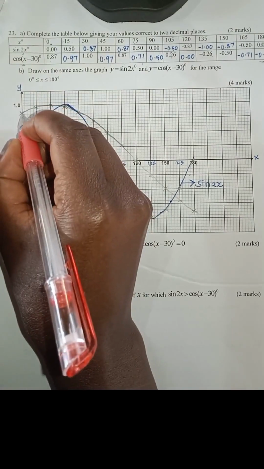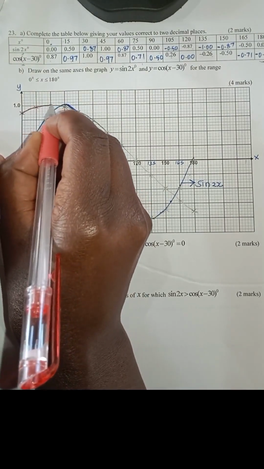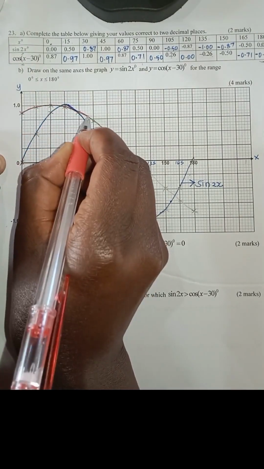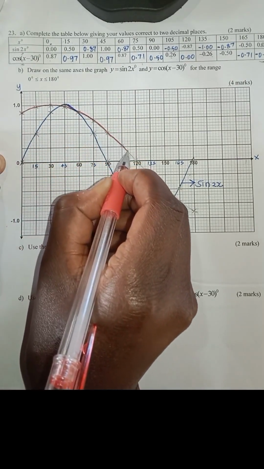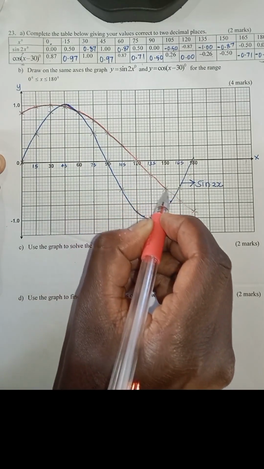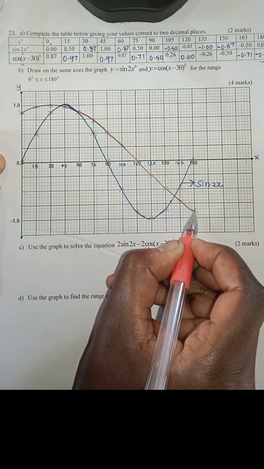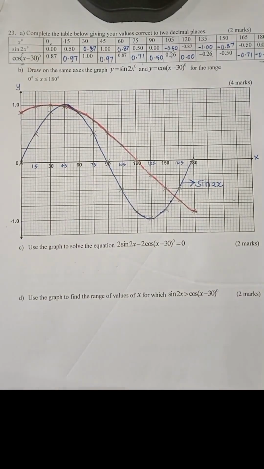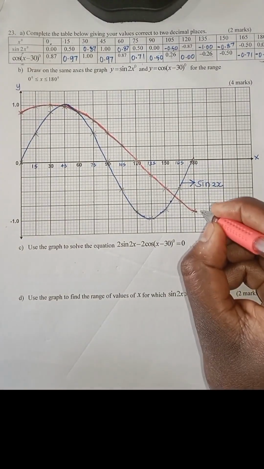So make sure your curve is smooth. I've just used a biro pen to make it visible so that you can see. So after finishing drawing your curve, you label it.